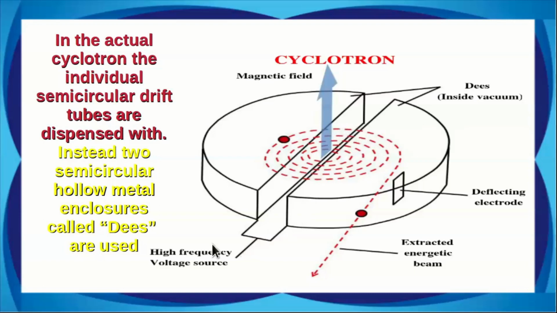The two Ds are connected to the high frequency voltage source. Then we have a magnetic field which is perpendicular to the plane of the Ds. Once the particles are accelerated completely, they are extracted outside of the accelerator by means of deflecting electrodes.